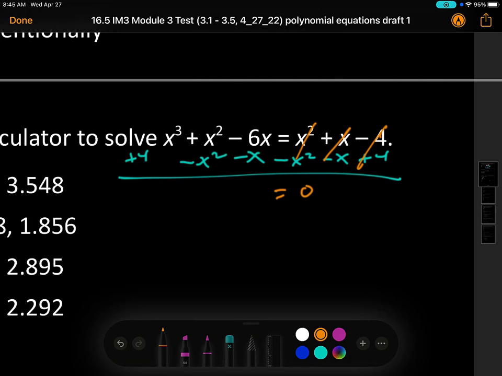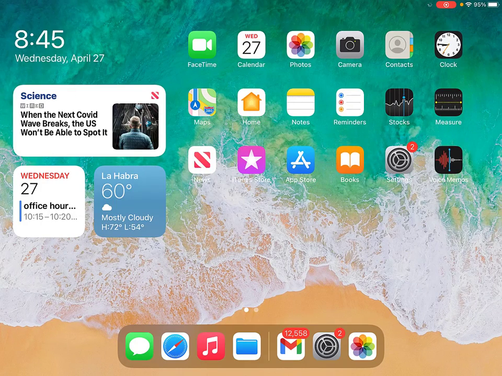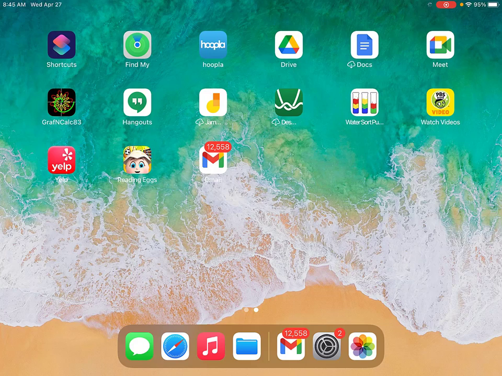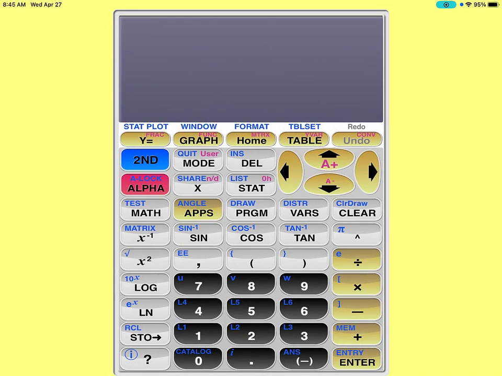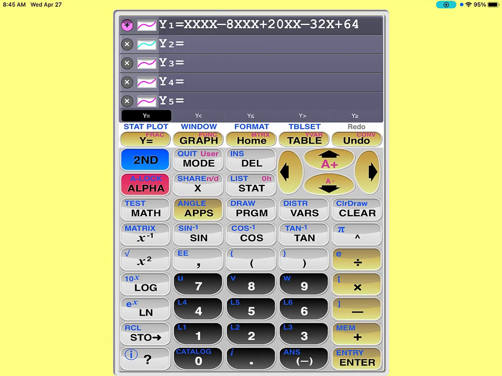Okay, this one will become negative 7x. This one goes away. You have x to the third and plus 4. x cubed minus 7x plus 4.